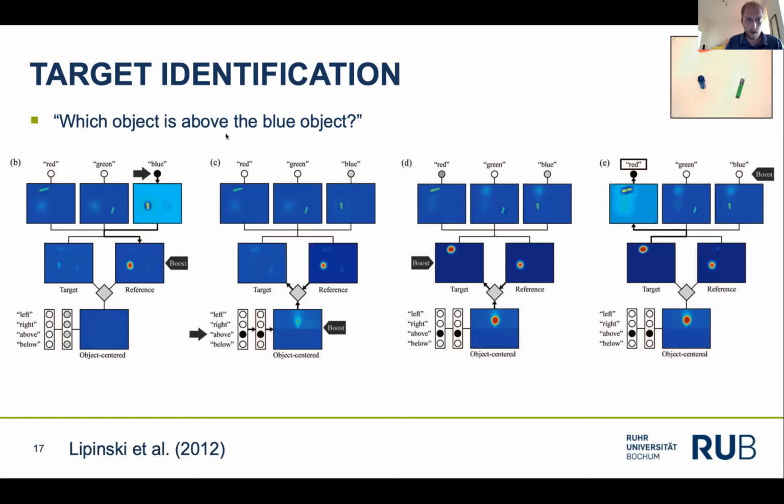And so in order to supply this relation and reference object, we again first store the reference object in the reference field by activating the blue node and boosting the reference field. And now we activate the spatial relation node for above, which has back projections to this group of nodes.